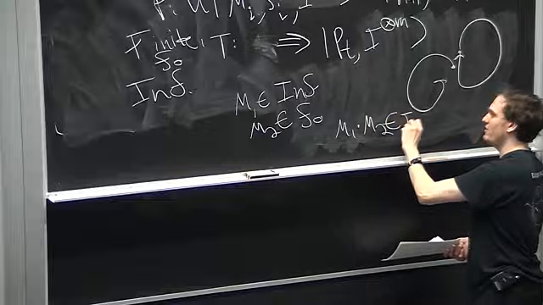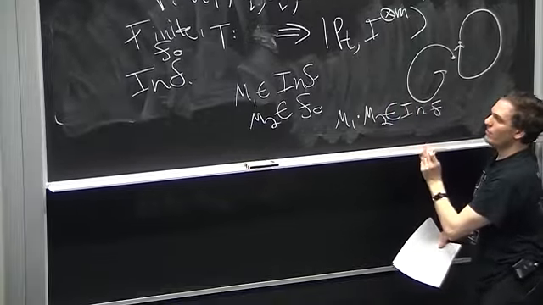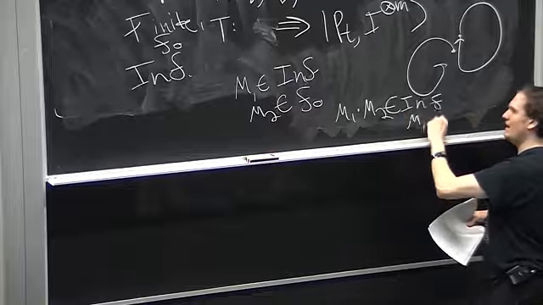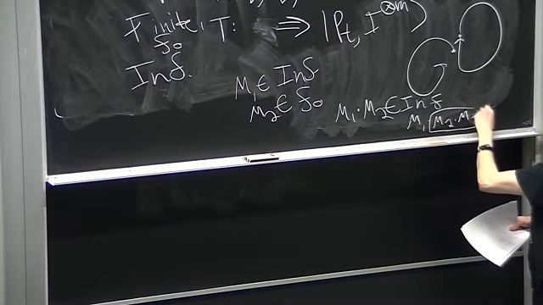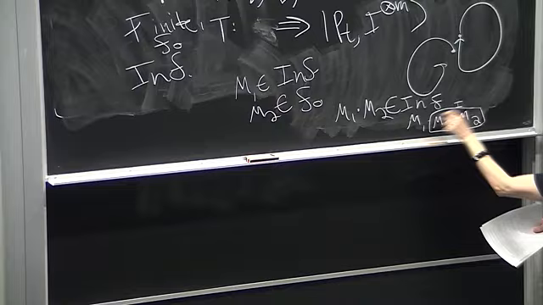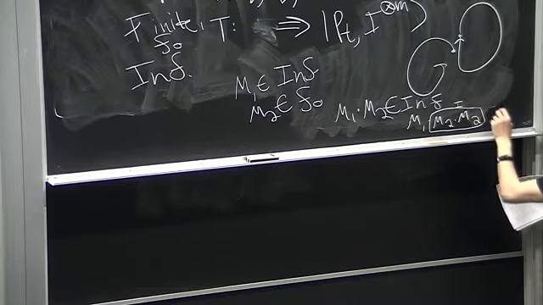So then this is in the infinite set. But then if we take M1 dot M2 dot M2, this is equivalent to just being M1.